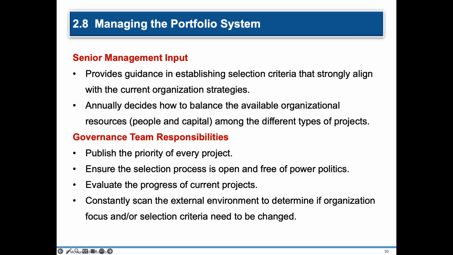So it's a no-brainer. The senior manager serves as the compass. So they tell us and the members of our project team as to the selection criteria and how it aligns with the current goals of the organization.